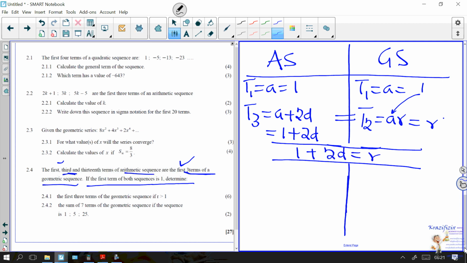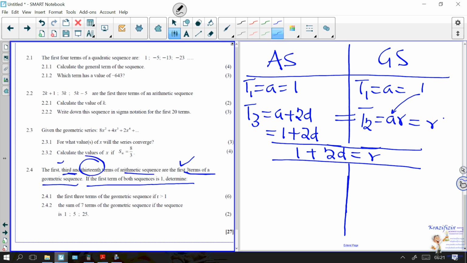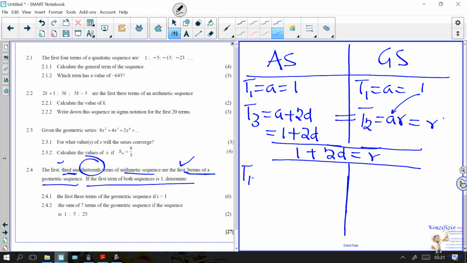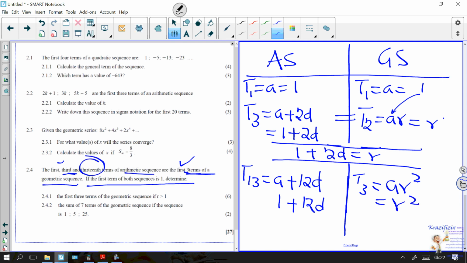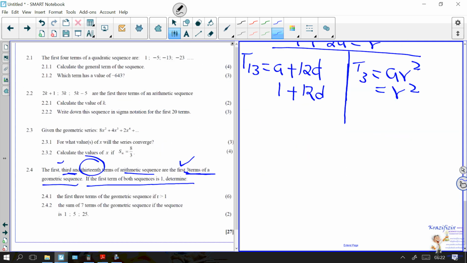Okay, the next one, the 13th term, a plus 12d. That's coming from a plus n minus 1 d. My a is 1, so 1 plus 12d, and here it's equal to the third term of the geometric, T3, which is ar squared. Basically, we're saying r squared because our a is 1. So 1 plus 12d equals r squared.